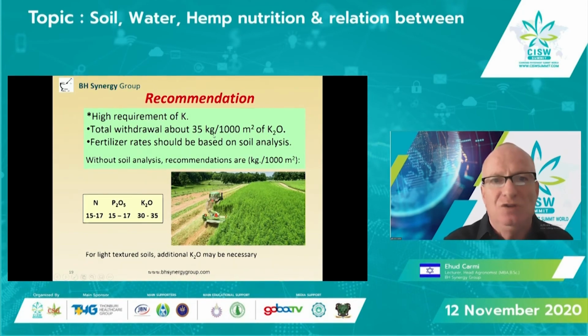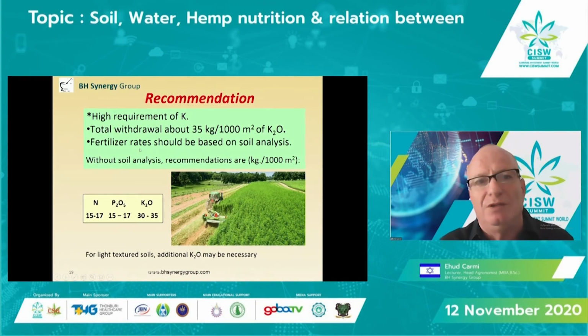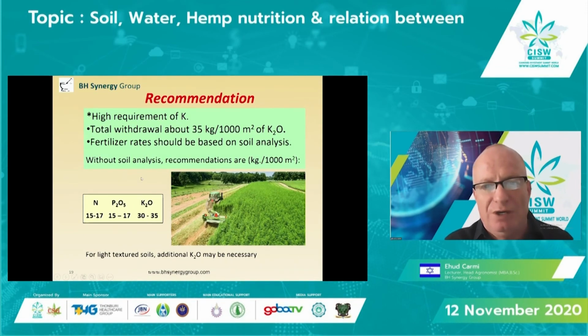We used to give, more or less as a rule of thumb, like 35 kilograms per 1 dunam of 1,000 square meters. And if we don't have any soil analysis to see what we have and we don't know how to define it, these will usually be the quantities, as you see here, that we will have to give the crop.